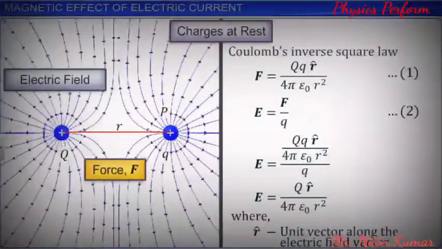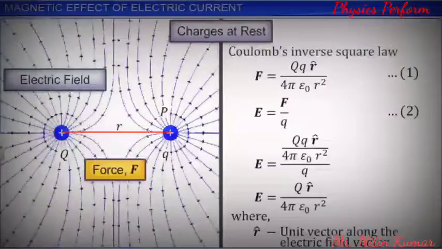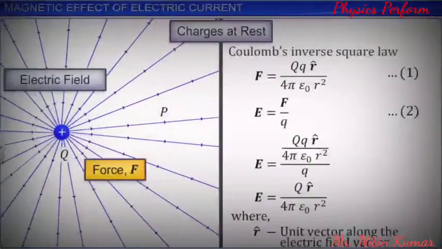The electric field has its own existence and is present even if there is no additional charge to experience the force. Thus, the field due to Q exists even in the absence of the additional charge q. The field can convey energy and momentum, and is not established instantaneously. The field takes a finite amount of time to propagate.